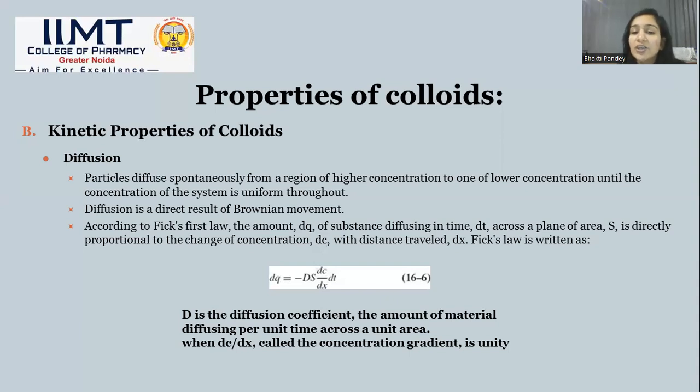So Fick's law indicates that dq = -DS dc/dx dt. Here D is the diffusion coefficient, the amount of material diffusing per unit time across the unit area when dc/dx, called the concentration gradient, is unity.